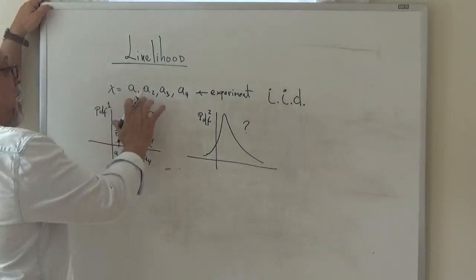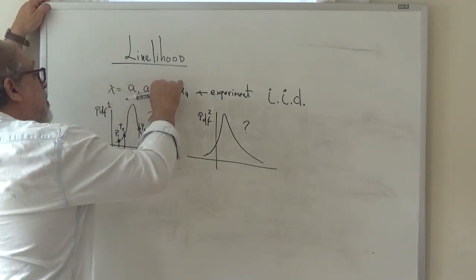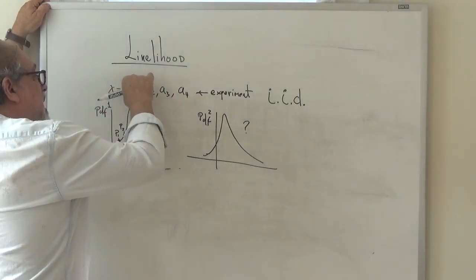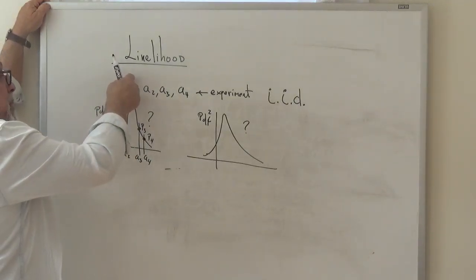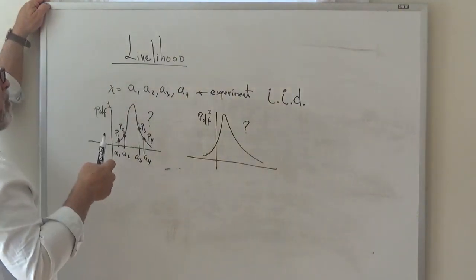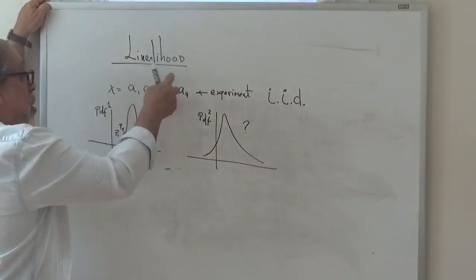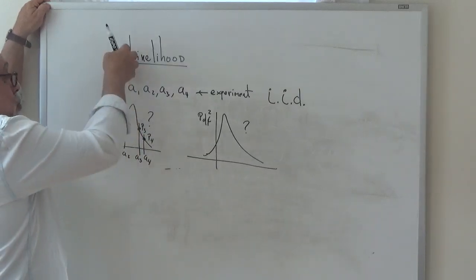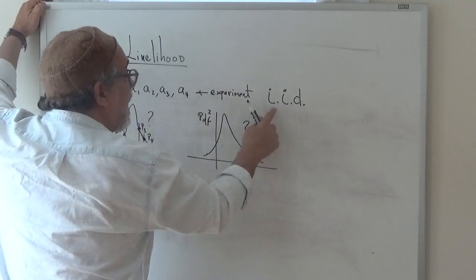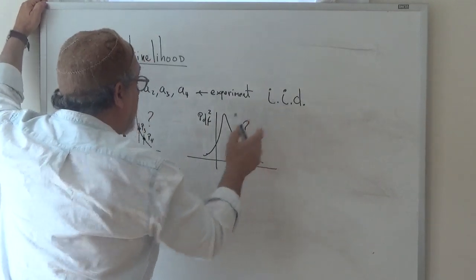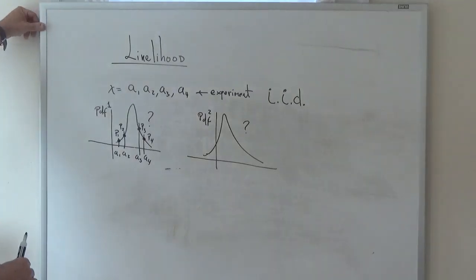Notice that you see them as numbers here, but remember that you want to think about them in terms of an ensemble going down. So this A1 just happened to be one of the numbers that we pulled out from a bag. This is another number that we pulled out. Each one of them could have been a different number. They are independent, and the fact that they are identically distributed means that they all respond to the same PDF.